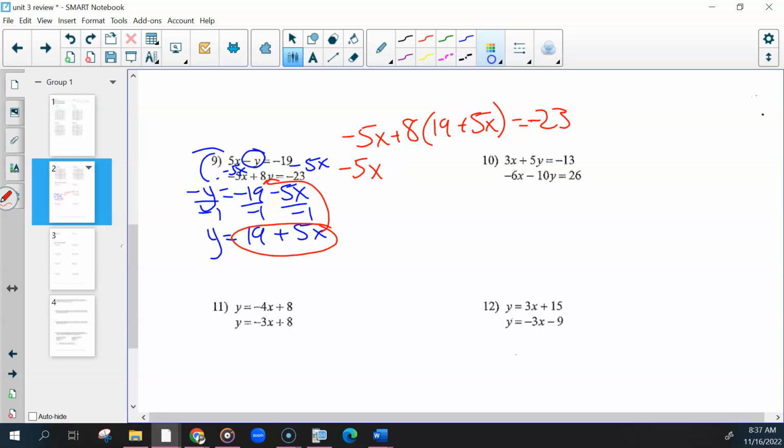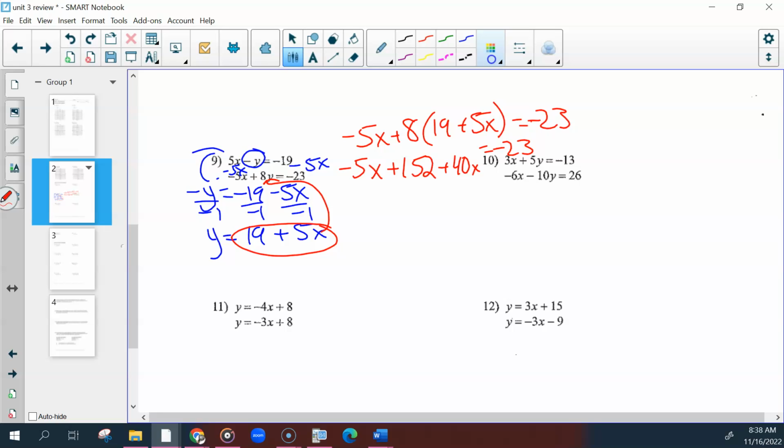Someone multiply 8 and 19. Tell me what that is. Combine your like terms.